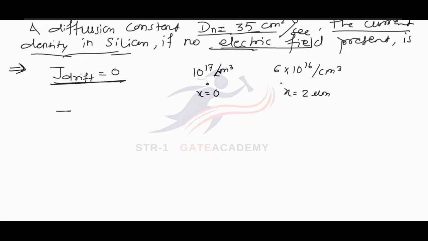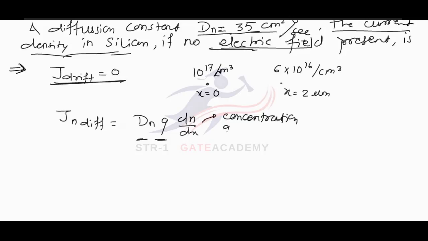The diffusion current density due to electrons, Jn diffusion, is given by Dn into q into dn by dx. q is given, Dn is given, and dn by dx we have to calculate. This is called the concentration gradient.